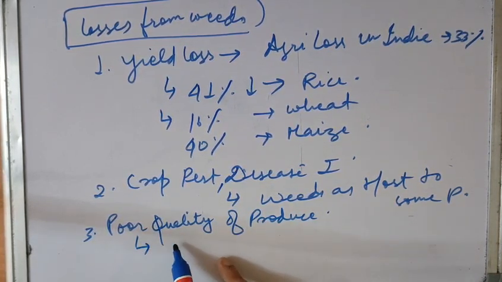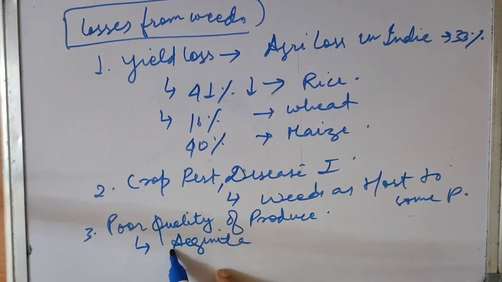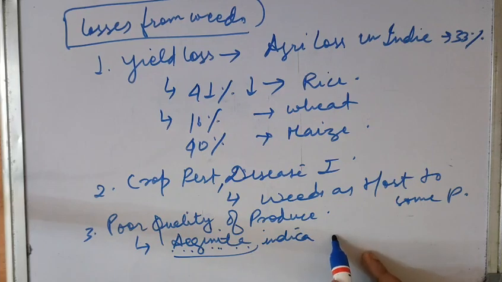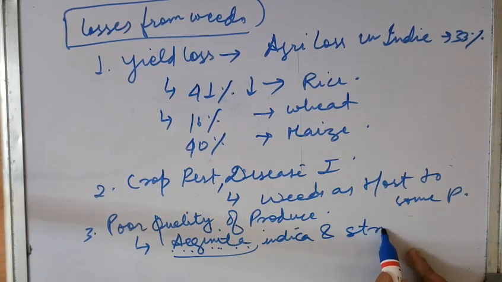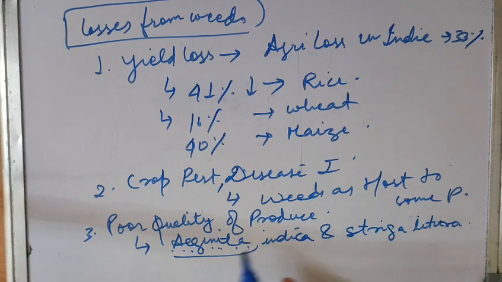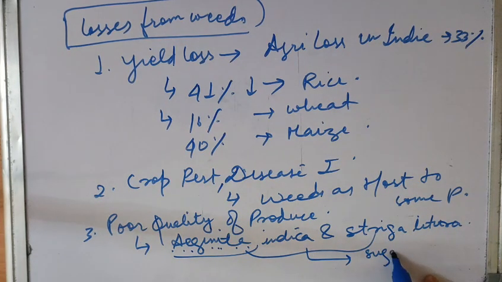There is a weed called Aegineta indica, and one more weed that is Striga lutea. These two weeds reduce the quality of sugarcane juice.